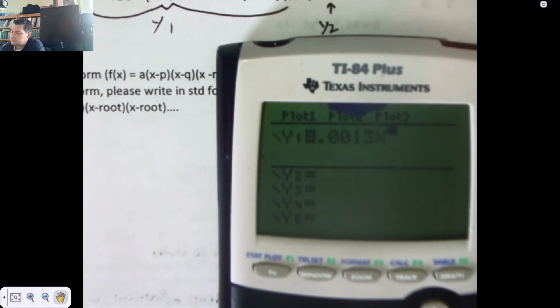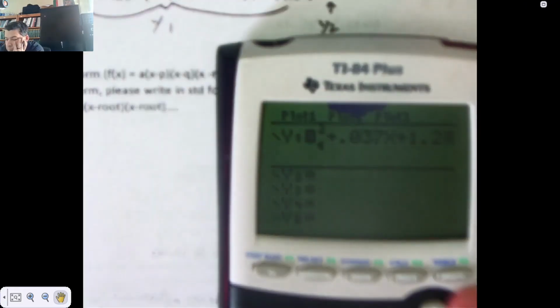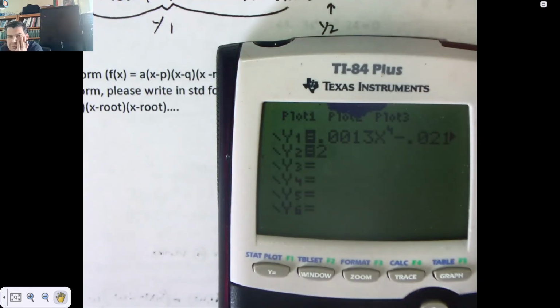Of course, we don't have a T button we can use, we have X. Anyways, I'm putting 2 into y2. Why 2? Because the equation is written in millions.